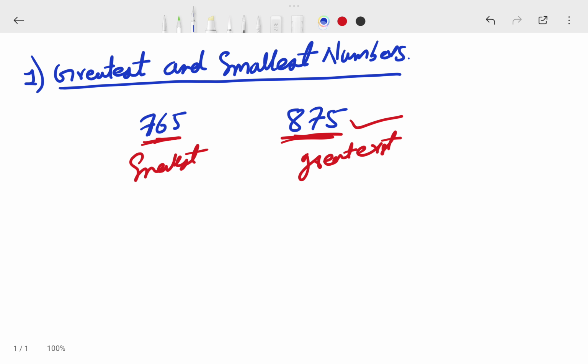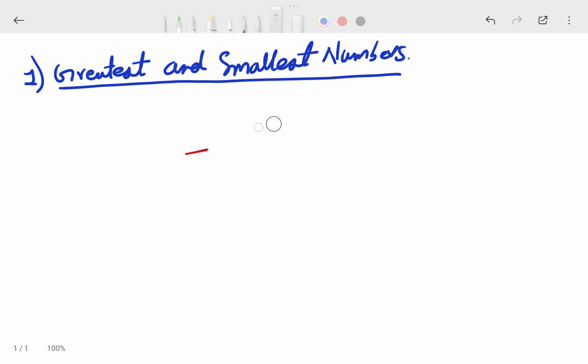Right, now let's talk about other numbers. If I talk about another question like which is greater, which is smaller, now you have to tell me. This is the first question I'm giving you. In this one, 8, 15, 75 and 20 are given. Which is greater?